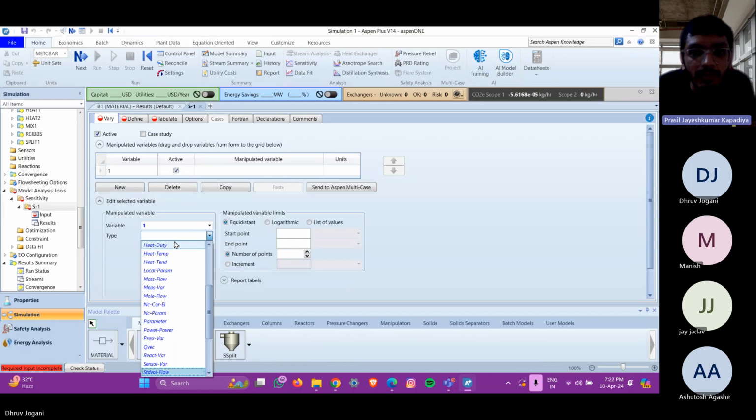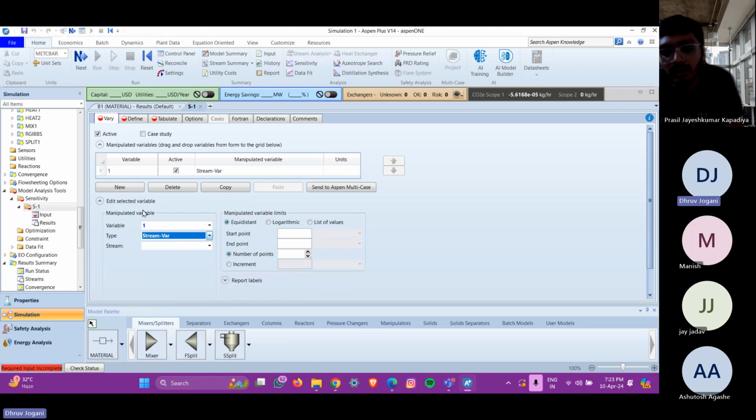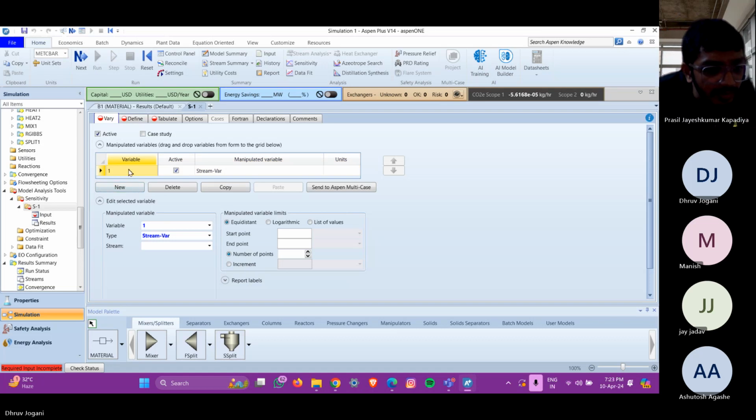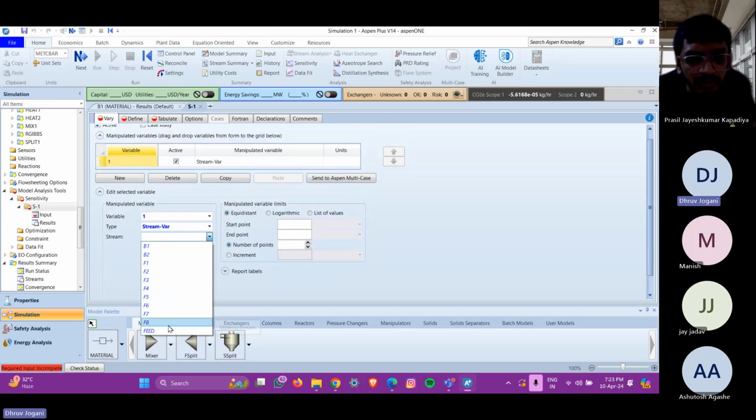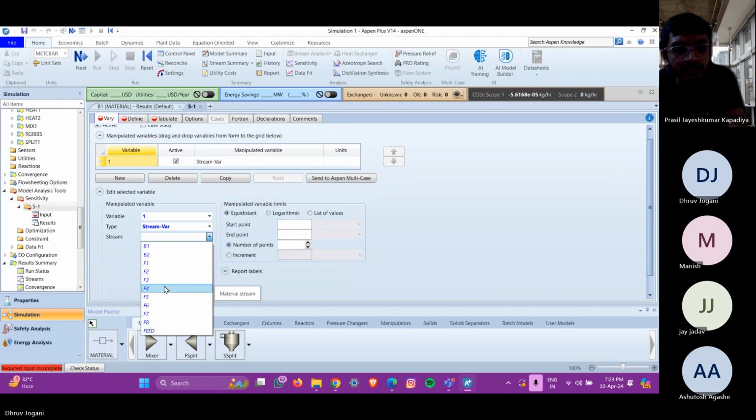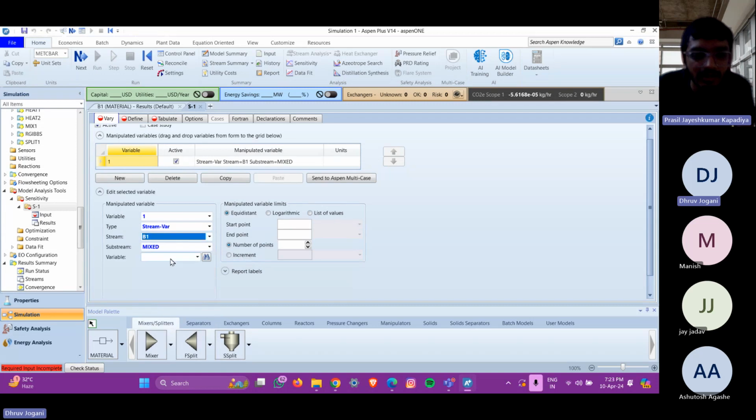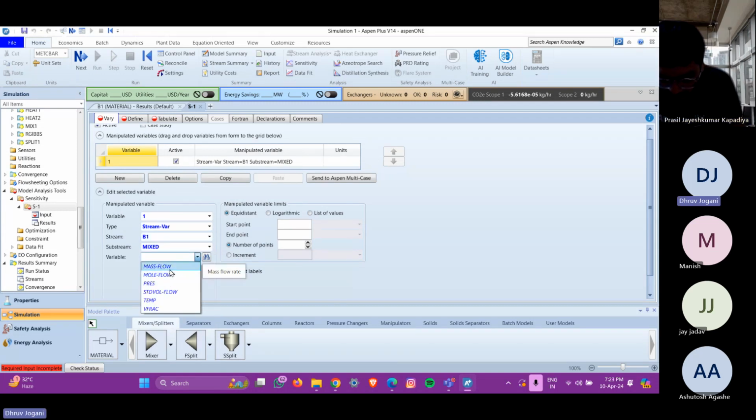Give some variable name. Stream variable of stream. Which one is the stream number? Sir, B1. Variable is mass flow.